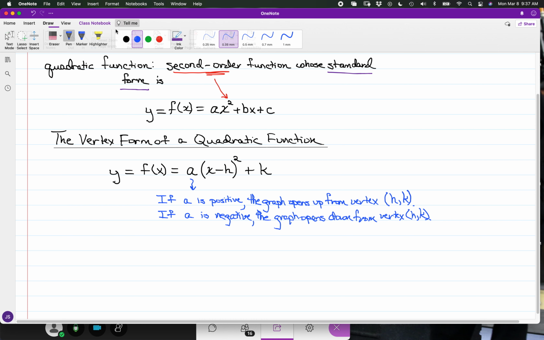And just some of the features we have regarding a quadratic function. We have a dividing line that's going to separate the graph of a quadratic function, what is referred to as the axis of symmetry.